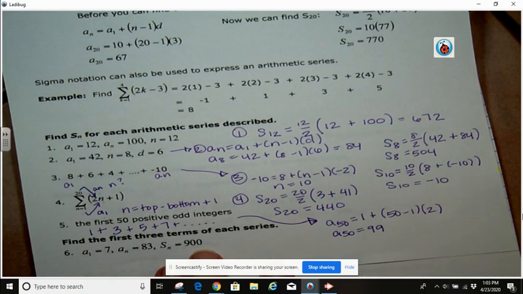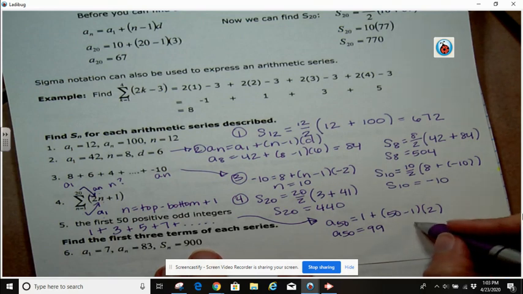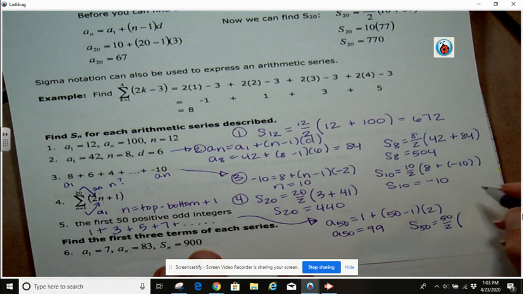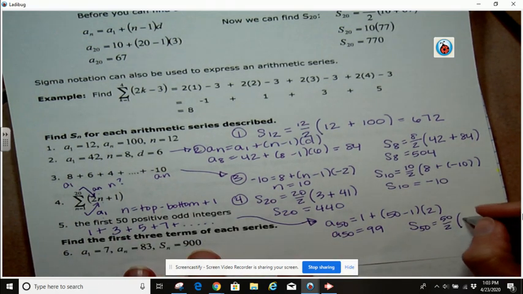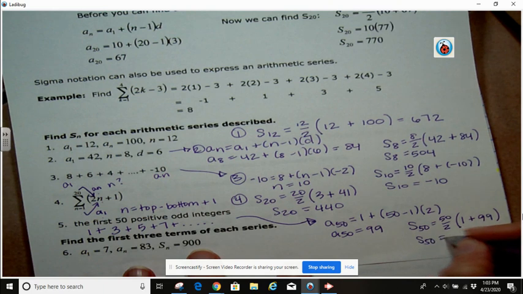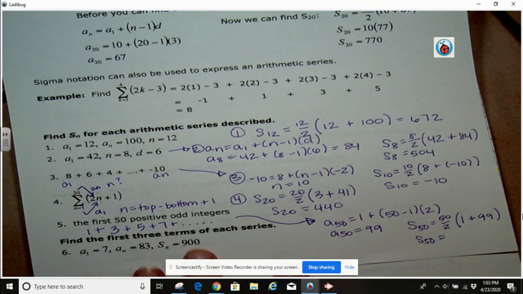Now, you might have guessed that anyway, but the formula will tell you for sure. Now I can find the sum of the first 50 positive odd integers. Again, we know that the first positive odd integer is 1, and we have determined that the 50th positive odd integer is 99. And so the sum is 2,500.